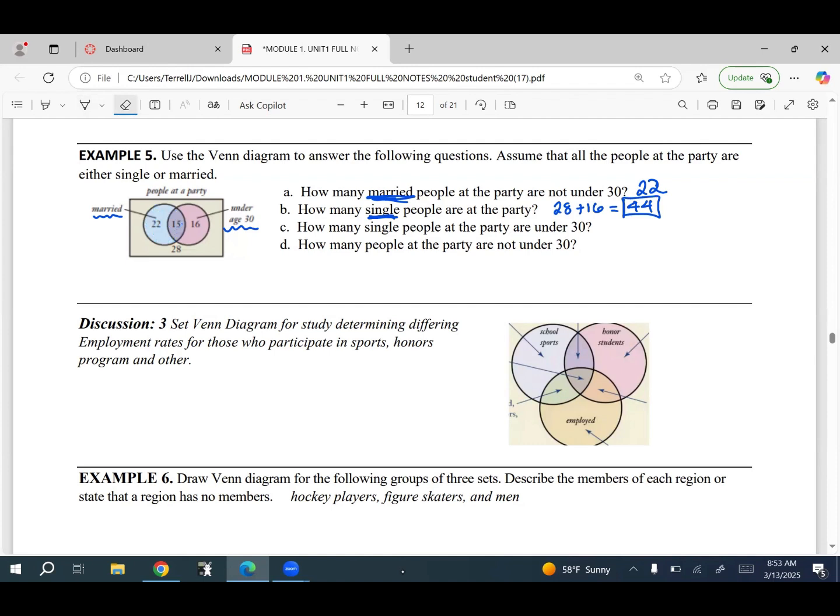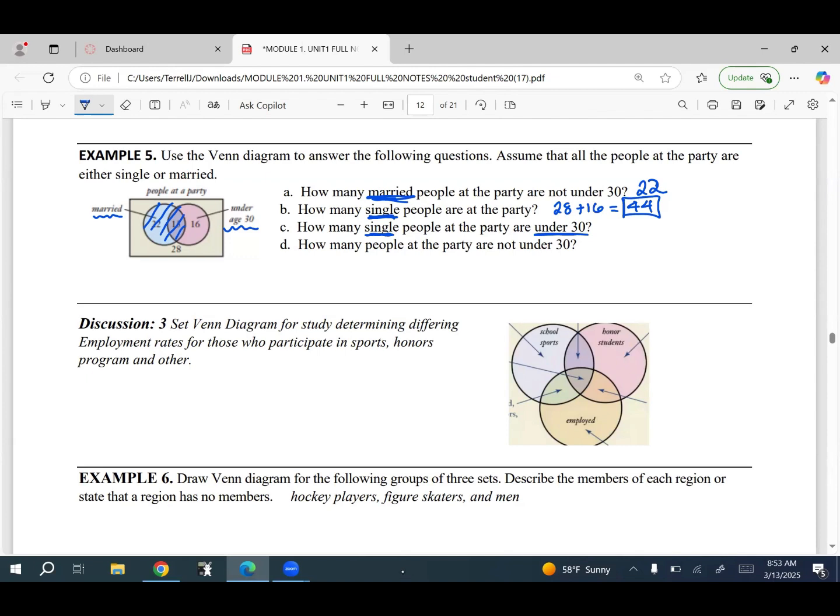How many single people at the party are under 30? So single means I don't want to look at this married bubble at all, right? So I care about single and also under 30. So again, don't pay attention to anything in the blue circle because that signifies married.